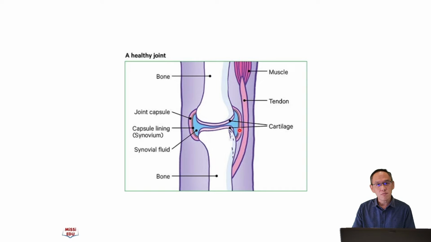It's a very strong enclosure that holds the joint together. The inner lining of the capsule is called synovium cells, which secrete synovial fluid as a lubricant for the joint. On top of that, these joints are held by muscles and tendons to move the joint and also to keep the joint stable.